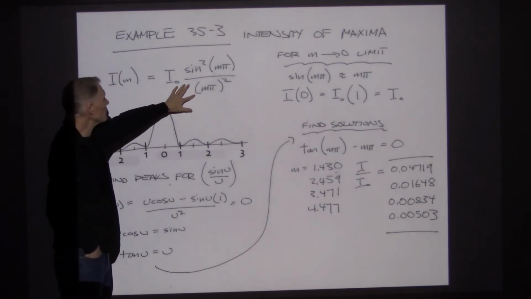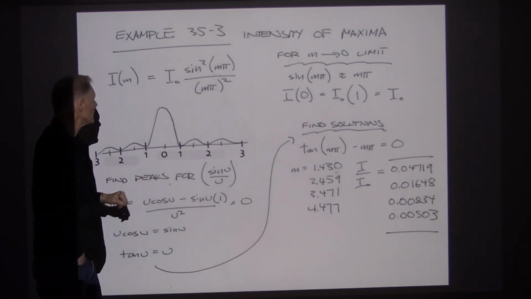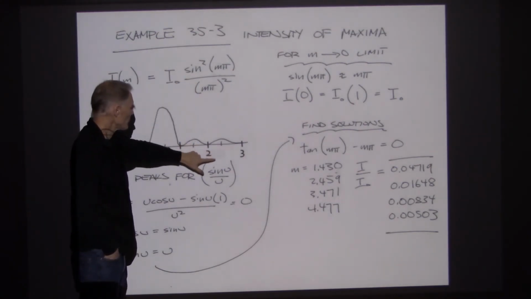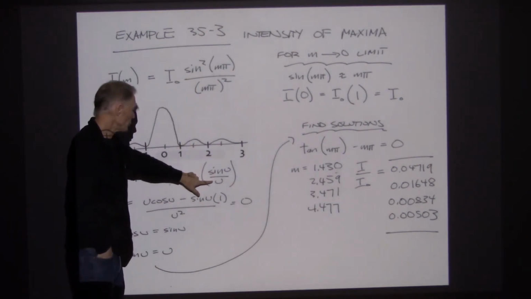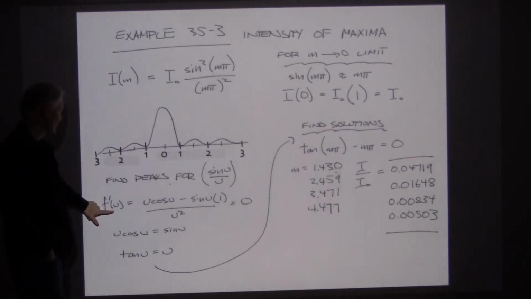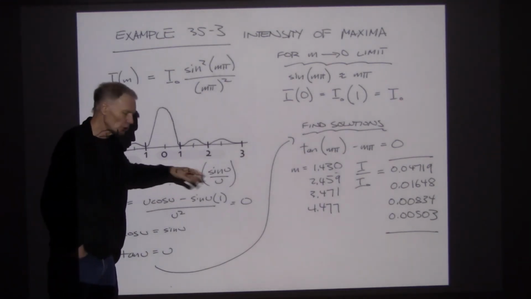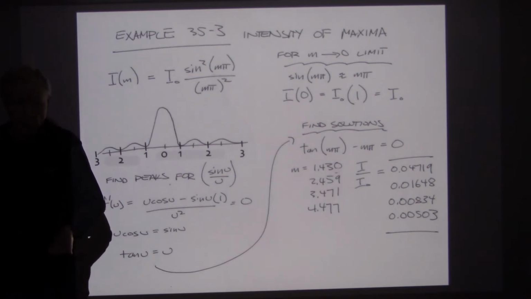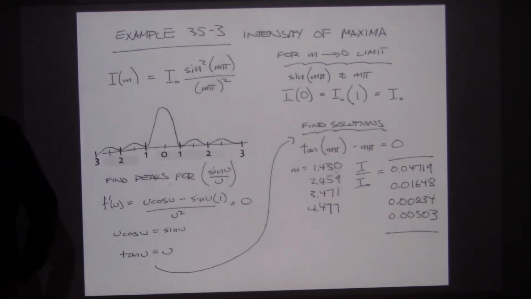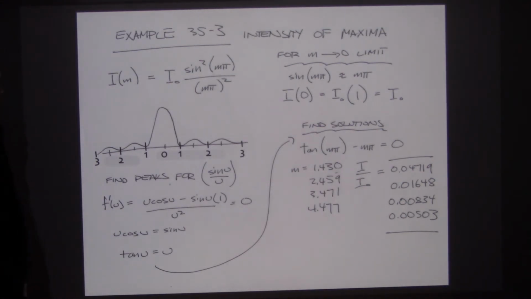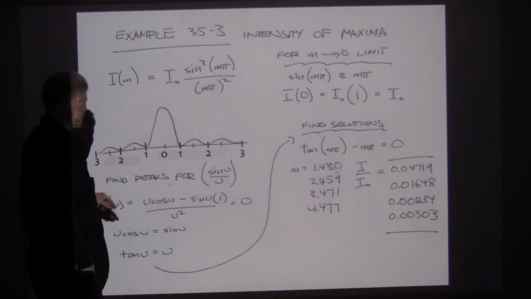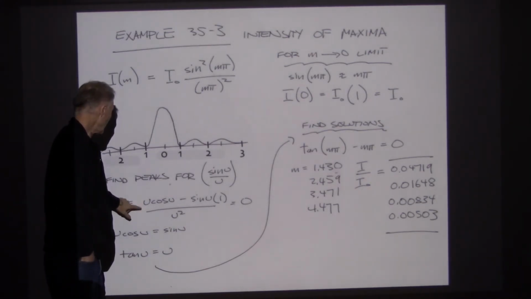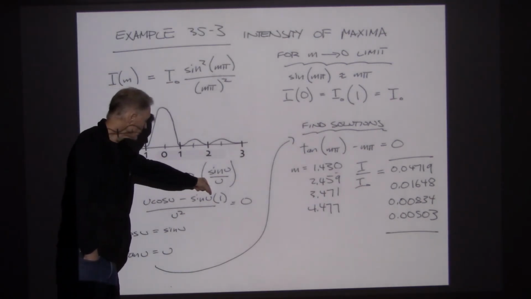Instead of taking this function, which looks a little complicated, I could replace this with sine of u over u. So I did that function instead, and it was a good chance to use the quotient rule for taking derivatives: bottom times the derivative of the top minus the top times the derivative of the bottom, over the bottom squared. What I ended up with was this function.